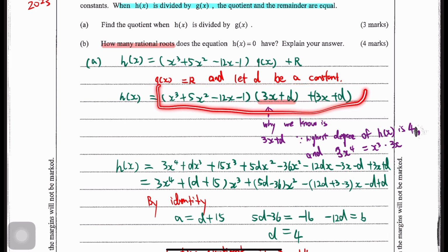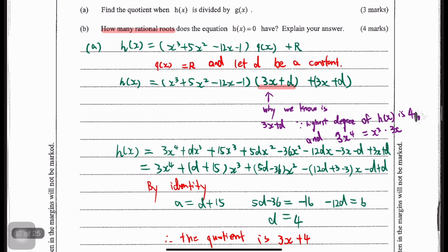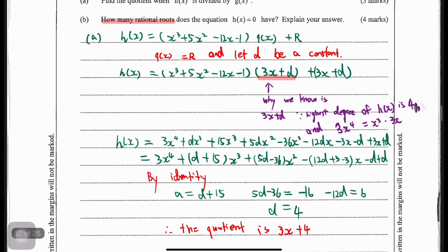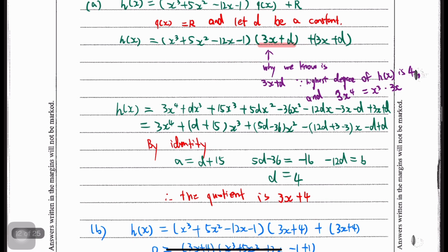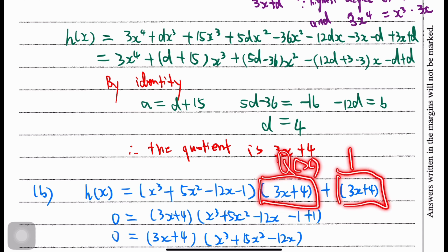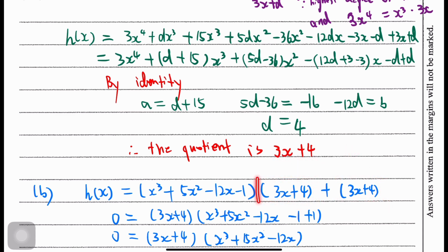Actually, can this one help you to find the factor? Usually it cannot. But in this question, because the quotient and the remainder are the same, actually they have a common factor.